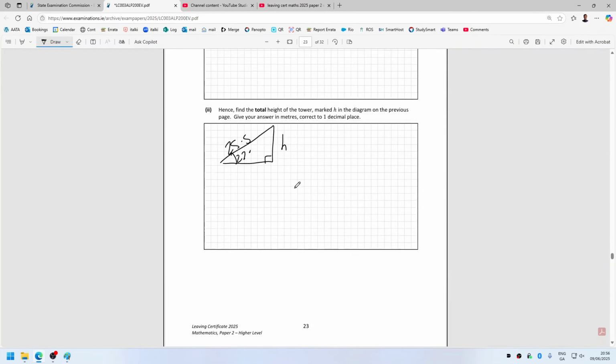So what will I use? Just tan? Tan 22 equals h over 25.5. So h is 25.5 tan 22. So if I just multiply my previous answer by tan 22, I get 10.3.